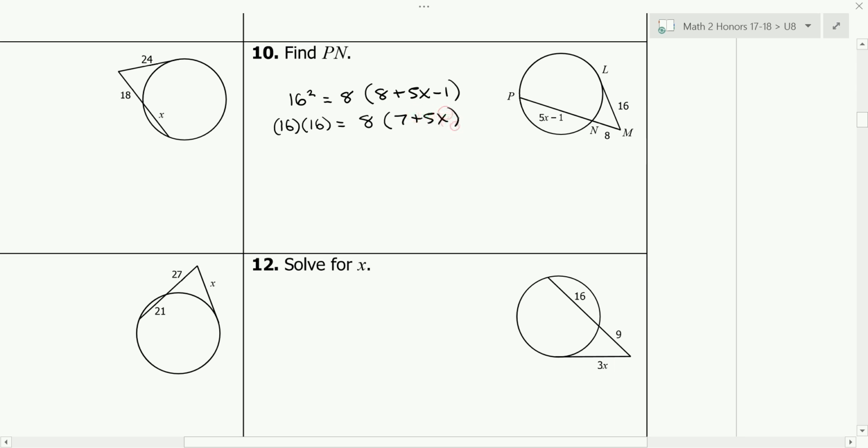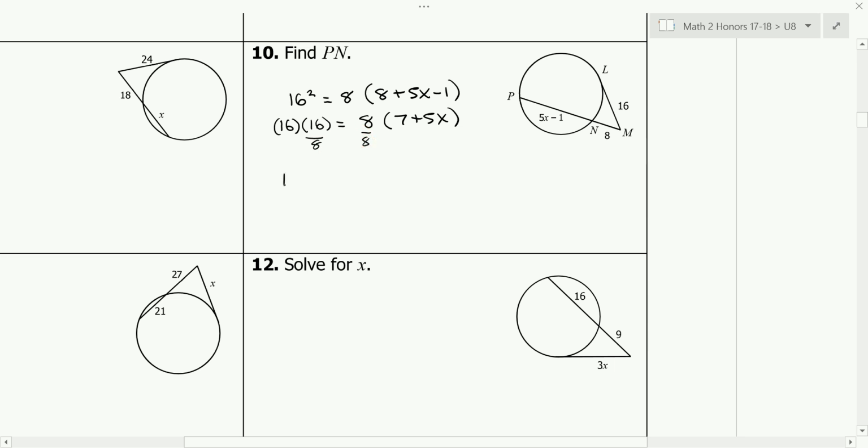So if you don't have a calculator handy, what would be a good next step? What do you mean factor? Okay, you could change 16 to like 8 times 2. But if I divide both sides by 8, good move, right? Because then I'm going to divide one of these 16s by 8 and divide that 8 by 8.